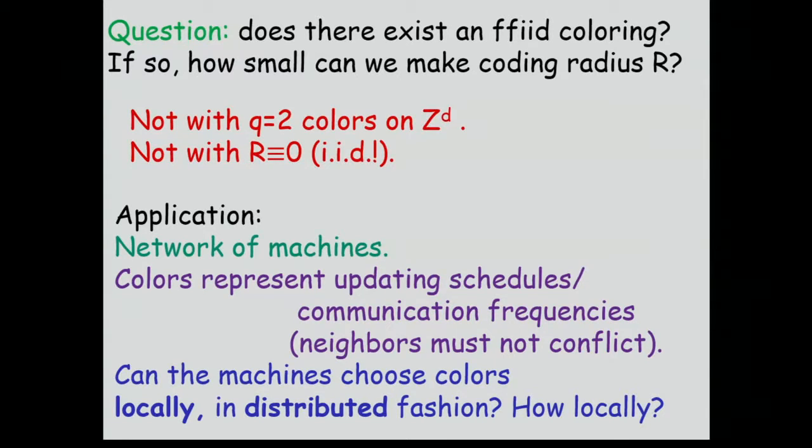But this is asking something even simpler. It's just asking them to solve a local problem. It's just asking them to not disagree with each other, to find a proper colouring of themselves. And if you want an actual application of that, you can imagine that the colours represent update schedules or communication frequencies or something for individual computers, and you want neighbours to be not in conflict with each other, so you want a proper colouring.